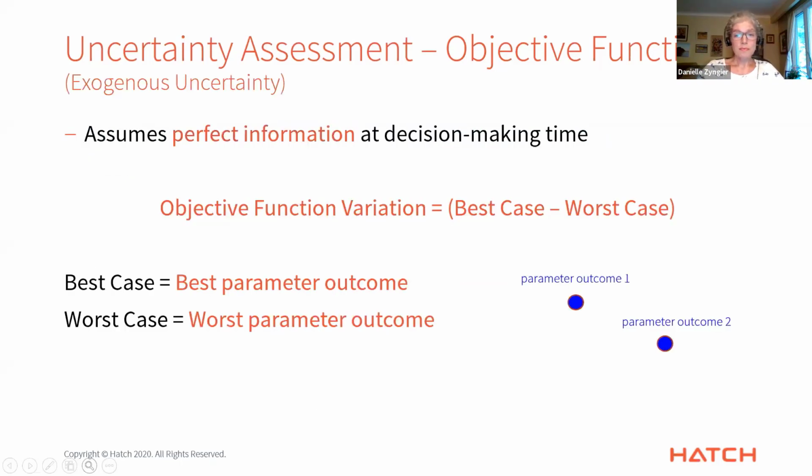So just to show you the difference between them, for this information of, say, the property of the material that comes from the mine, your assessment is really what's the best case property versus the worst case property. So this is what you're assessing when you consider this exogenous uncertainty.